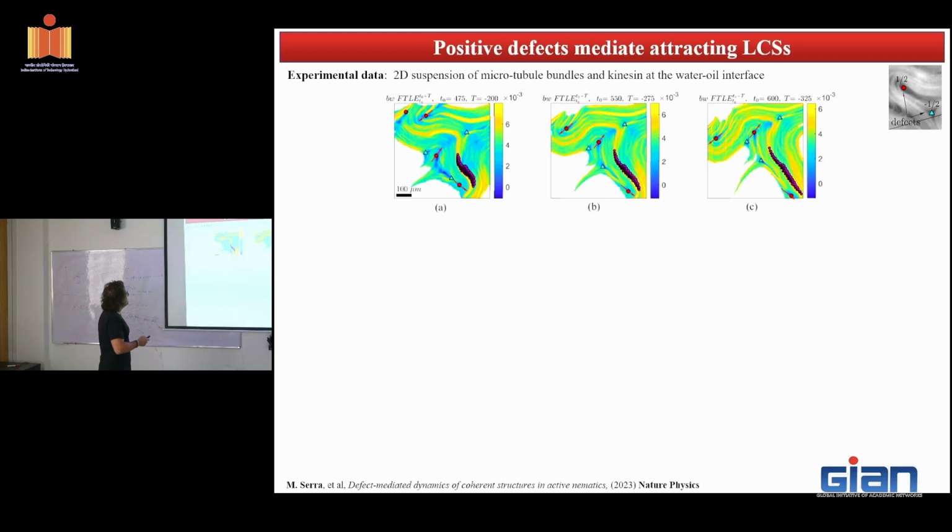But then, in this case, we were also able to connect the dynamics of LCS or attractors to topological defects, which are these. The plus 1/2 is in red, the minus 1/2 is a triangle in magenta. And what we started to observe was that this defect is going to move and steer the attracting LCS.